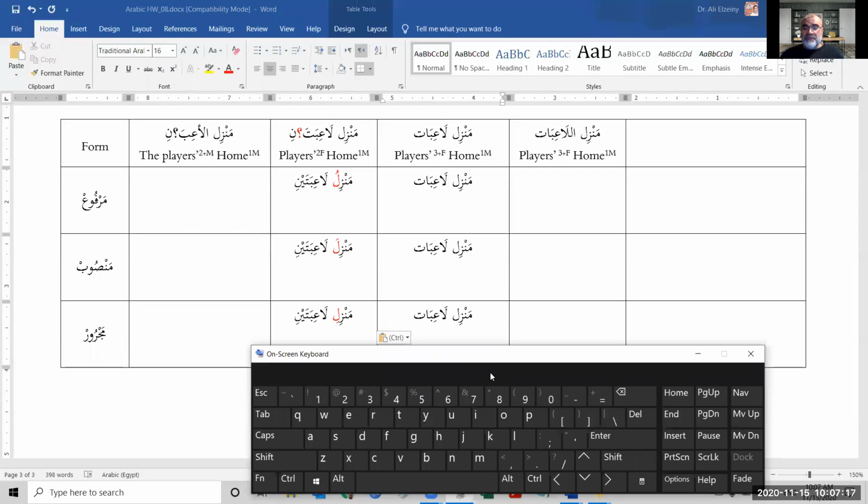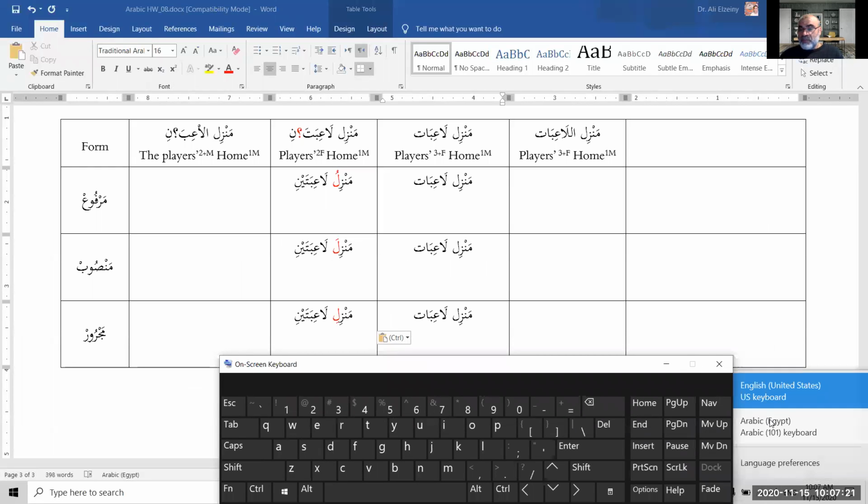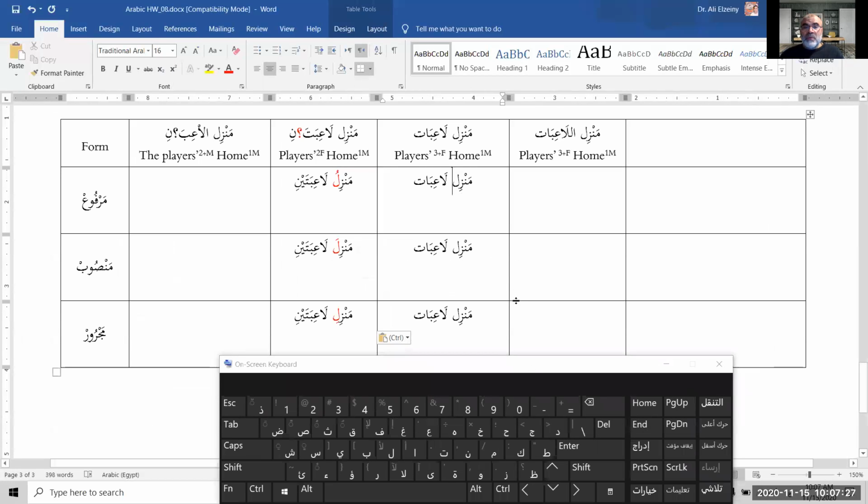Let's change the language here into Arabic. So the first one here is Dhamma. And this one here is Fatha. And this one here is Kasra. We know about that. We already discussed it. Now the second one we said Majroor.